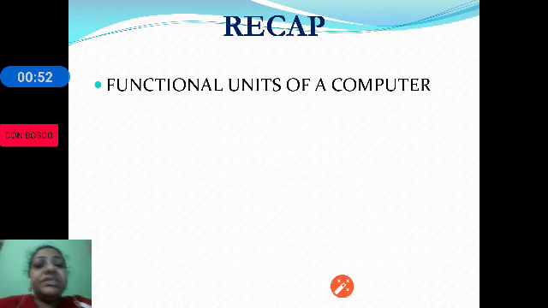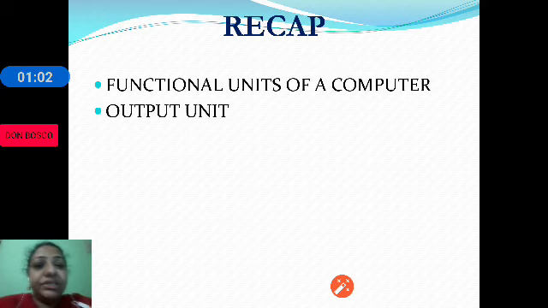Let us have a recap of the topics we have discussed in our previous class. In the previous class we discussed the functional units of a computer. The functional units of a computer include the input unit, the processing unit CPU, central processing unit, which again includes the memory unit, control unit and arithmetic and logic unit.